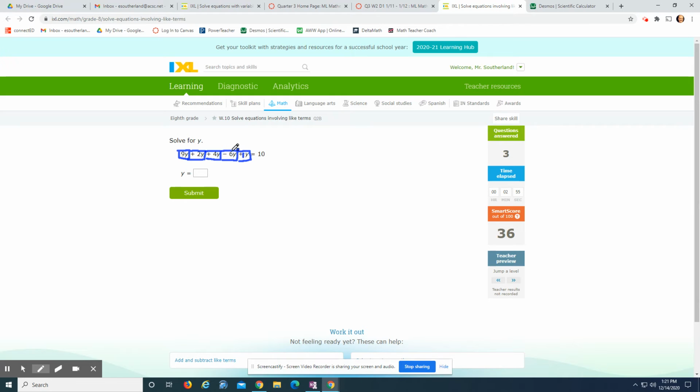Plus negative 6 is 9. Plus 1 is 10. So if I add those all together, I get 10y is equal to 10. And then I would simply just divide both sides by 10. And those cancel. Y is equal to 10 divided by 10 is 1.